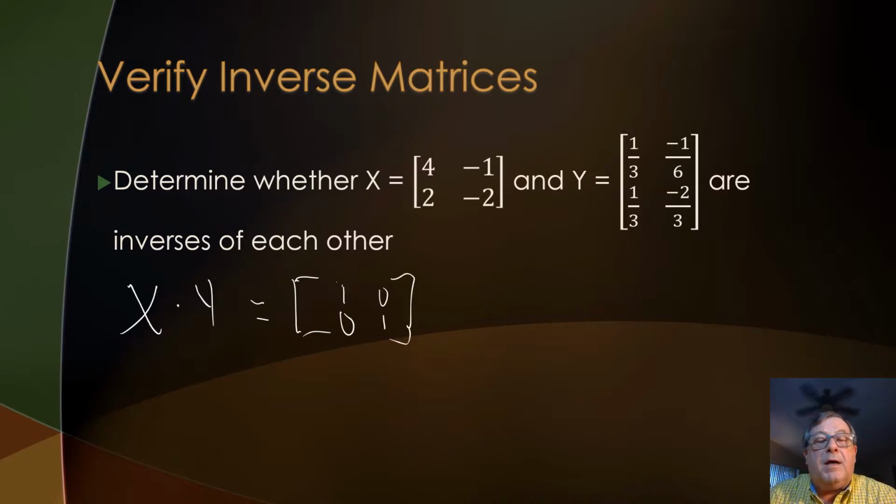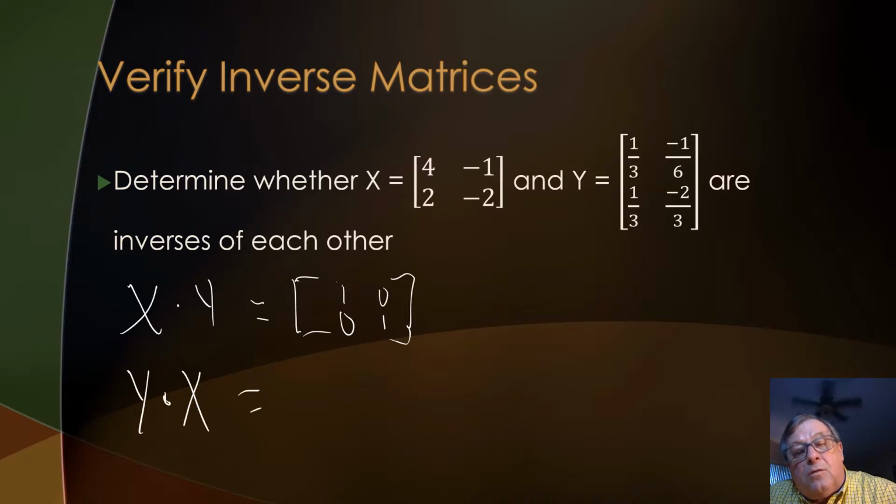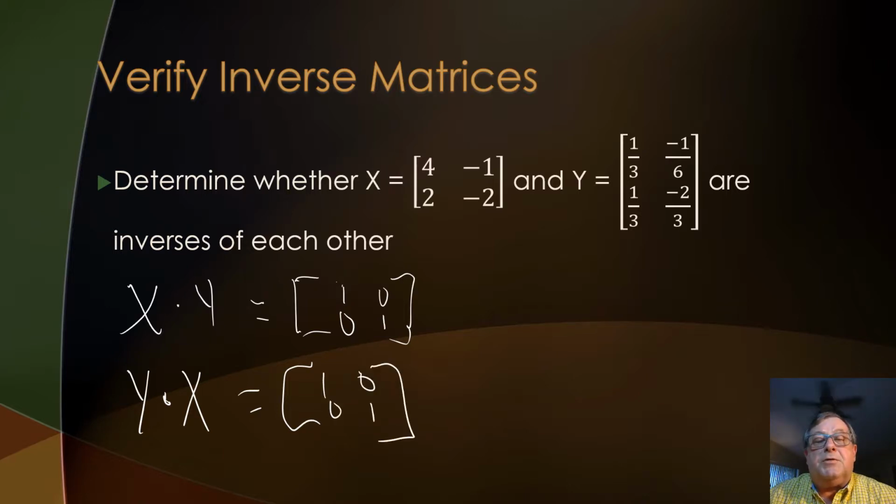That's an identity matrix for a 2 by 2 matrix. And if I also multiply y times x, and it also equals an identity matrix, then those two matrices are in fact inverses of each other.